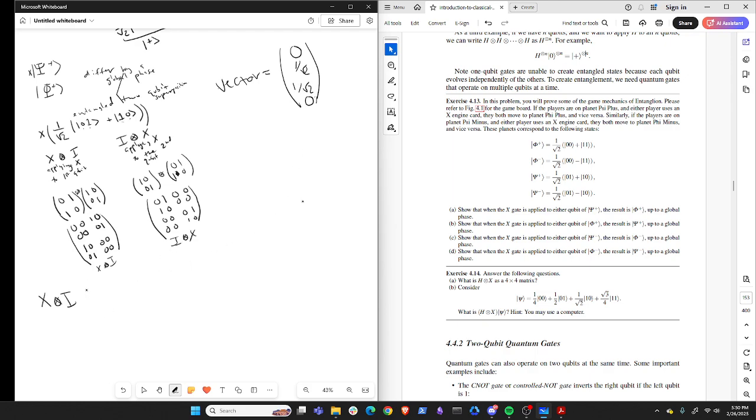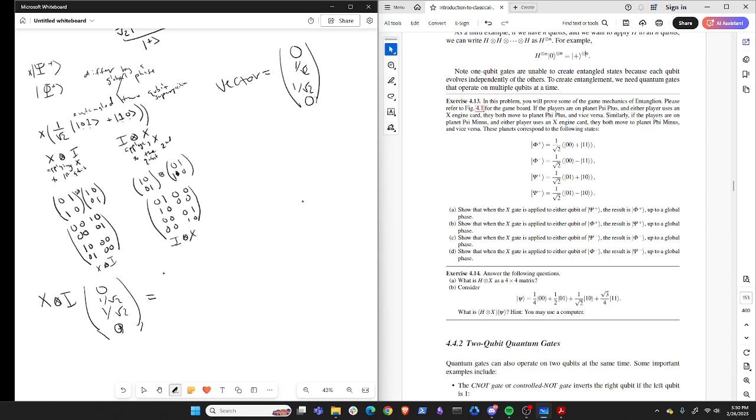So we can apply our matrix here to this column vector. Okay. Apply this to our column vector and solve this with matrix multiplication.